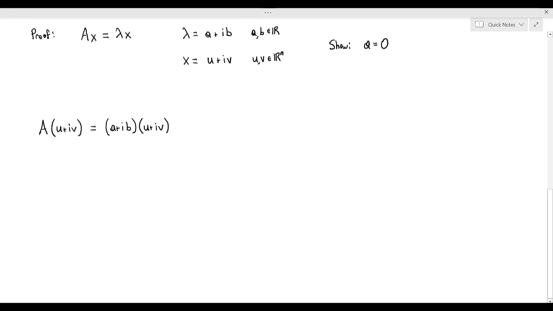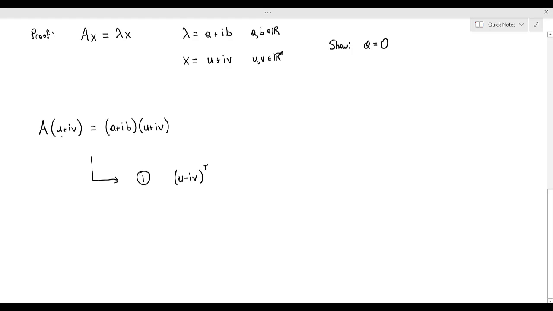All right, so there are two things that I want to do with this equation. The first thing is I want to multiply both sides of this equation by the conjugate transpose of the eigenvector.